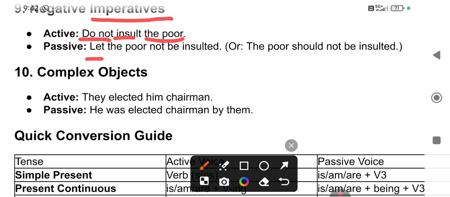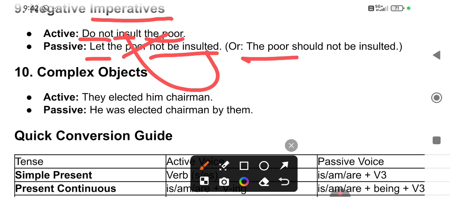Remember, we discussed that the sentence starts with let, then the poor, not be. Let the poor not be insulted. Or the poor should not be, because this is advice, and for advice should not can also be used.